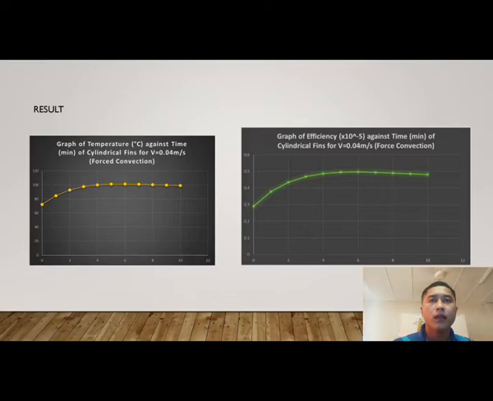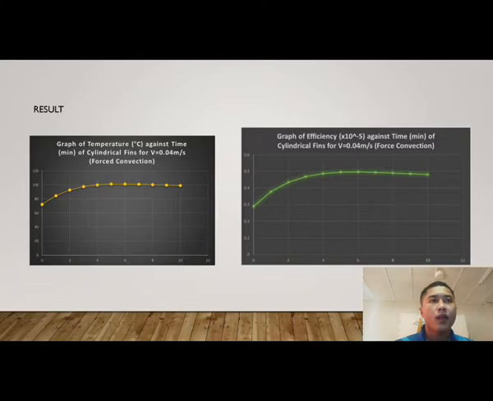At the left, it shows the graph of temperature against time of the cylindrical fin for V equal to 0.4 meter per second for forced convection. It also shows that when the time increases, the temperature also will increase.